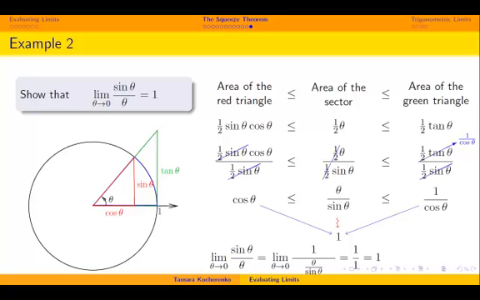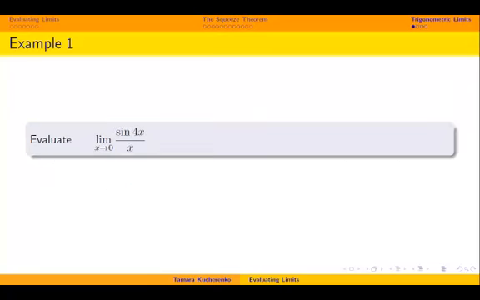We will use both limits of sine theta over theta and theta over sine theta at 0 repeatedly to compute a variety of trigonometric limits. Let's evaluate the limit as x tends to 0 of sine 4x over x.